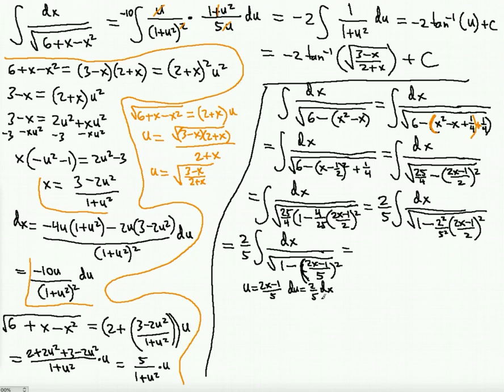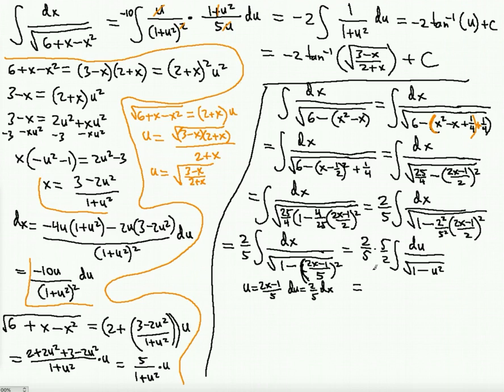So 2/5 dx means that you're going to have a 5/2 as a constant. 5/2 will cancel out with the 2/5 to give you 1. Right? So as a result, we will have 2/5 multiplied by 5/2, right? Of the du over the square root of 1 minus u squared. And perfect.